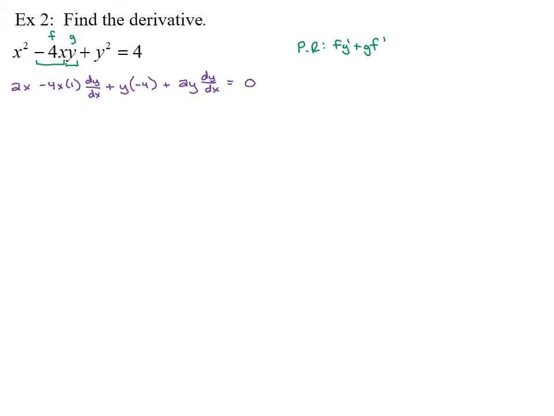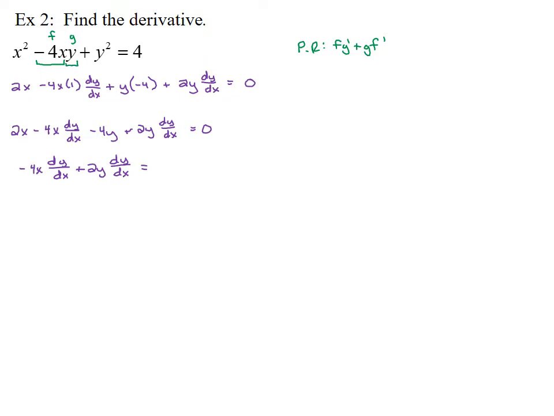I'm going to clean this up a little bit, so it looks like we can write this as 2x minus 4x dy/dx minus 4y plus 2y dy/dx equals 0. Now, since you've got multiple dy/dx's, let me show you how we'll deal with that. First thing is I'm going to move everything that doesn't have a dy/dx to the other side. So when I come down here, you have a negative 4x dy/dx, and you've got the plus 2y dy/dx.